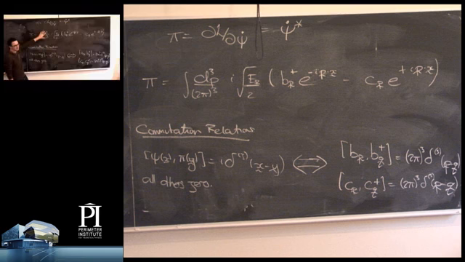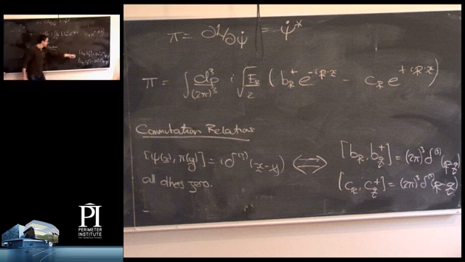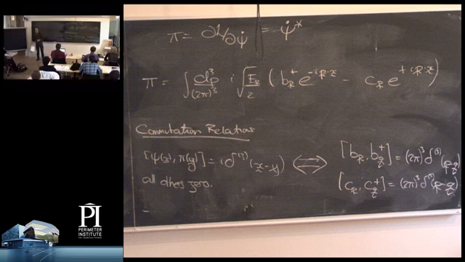And you have to invert these, and anyway, the homework exercise for this weekend is basically fill in all the gaps that I've left in these lectures. Whenever I've said, if you plug this in, it'll work, you just check that it works. There's no point doing it on the board because it's really tedious. It's always just plugging in mode expansions, doing the integral over x, finding a delta function, using that delta function, and getting the right-hand side. But just do it over and over again, and it'll be helpful.